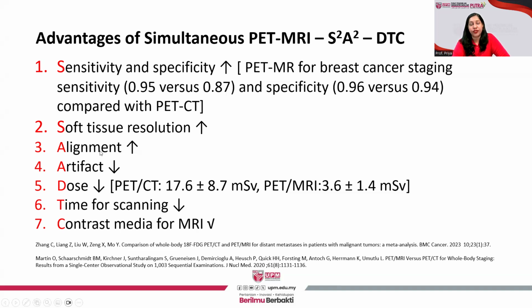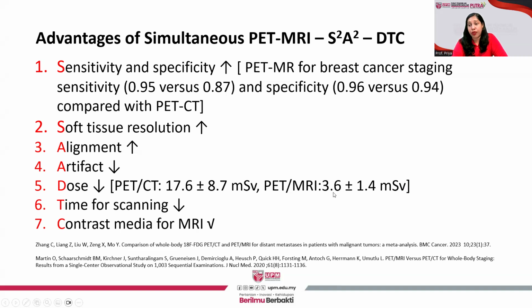Also, there is improved alignment with simultaneous PET-MR acquisition, and the images can be superimposed with good alignment, which is preferable compared to separate scanning sessions. We can also observe reduced artifact in the simultaneous PET-MR acquisition and reduced dose compared to a PET-CT, which has a dose of approximately 17.6 plus minus 8.7 millisieverts, compared to a PET-MR which did not use any CT for attenuation correction or anatomical localization.